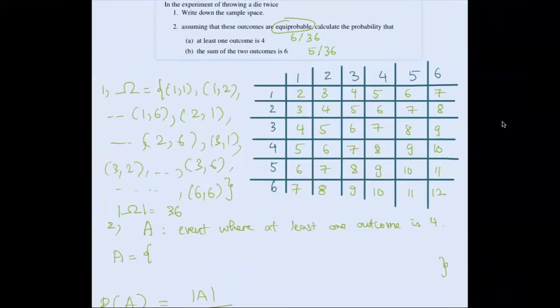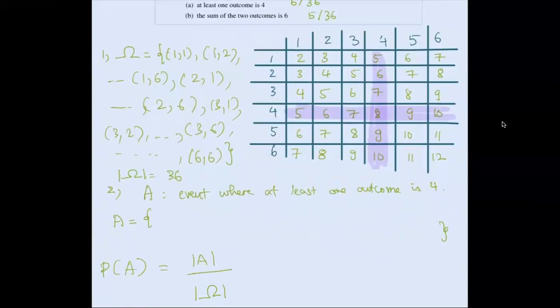So we want at least one of the outcomes to be 4, which means I'm looking at this. Okay. Everything in this column would have at least one outcome that is 4. And then everything in this row here also has at least one outcome that is 4, right?